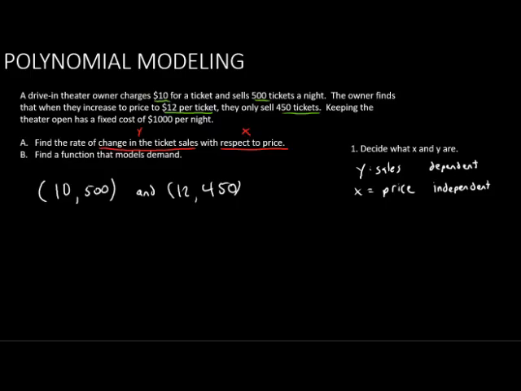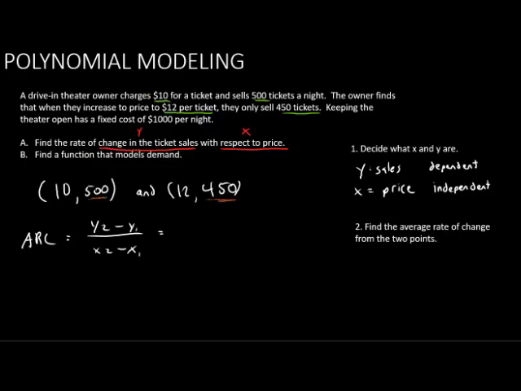Now that we have our x and y points, we can use them to find the average rate of change. The formula that we use for average rate of change goes like this. The rate of change will equal y2 minus y1 over x2 minus x1. So we look to our y values. Our second y is 450 and our first y is 500.